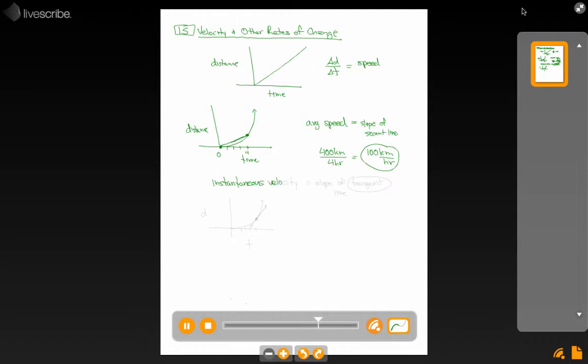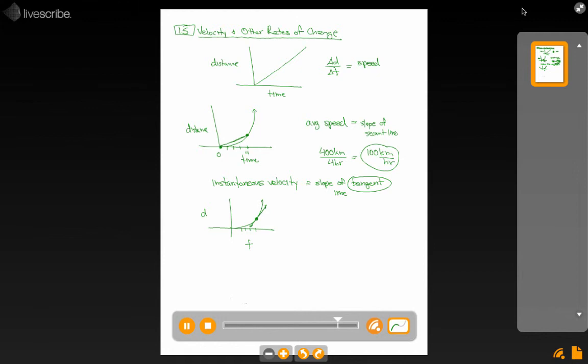is something we're a bit more interested in this course, which is going to be the slope of the tangent line to that curve at some instant. So, for example, if I looked at time equals 4, if I have my distance-time graph, and it's a curve something like this, if I go to 1, 2, 3, 4, and I put a point there, you can't find the slope of a point, but we can find the slope of the tangent to the curve at that point.